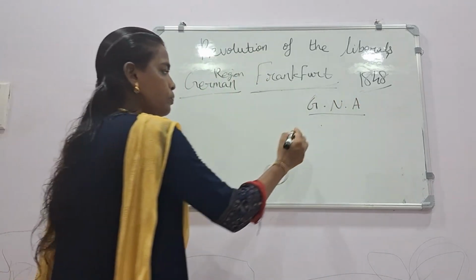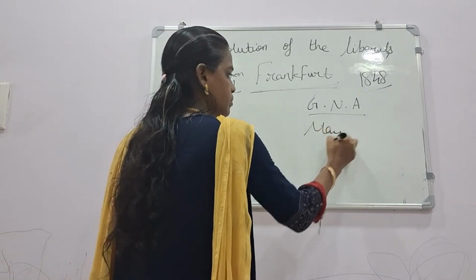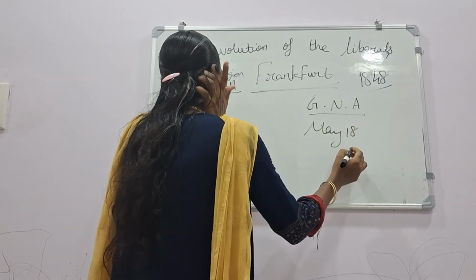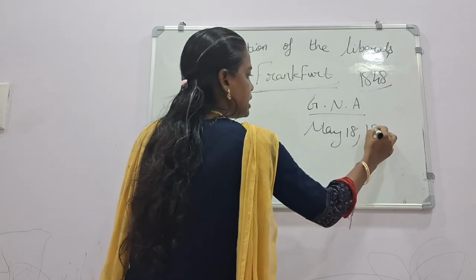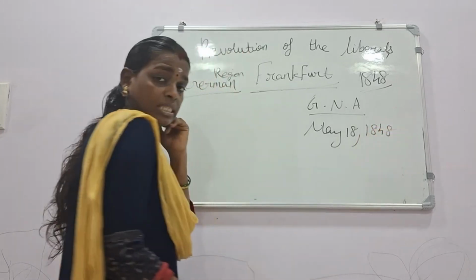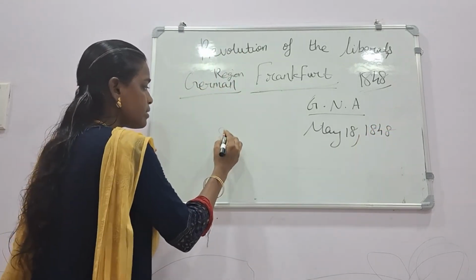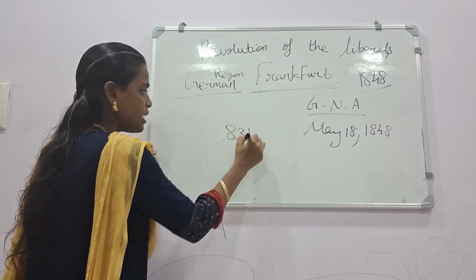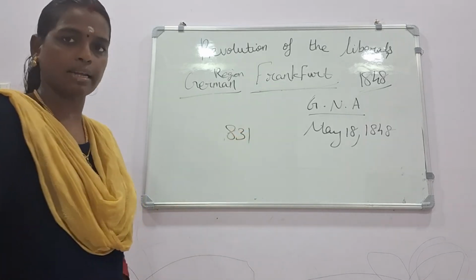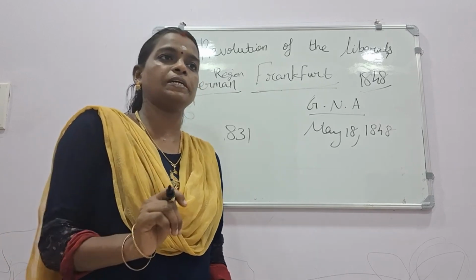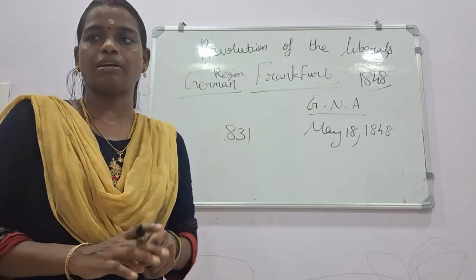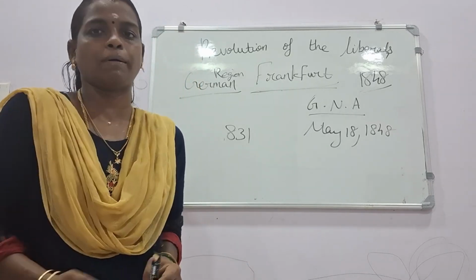Okay, now May 18, 1848, the same year, 831 representatives were elected. Actually, the election wasn't conducted for the selection of any particular person.